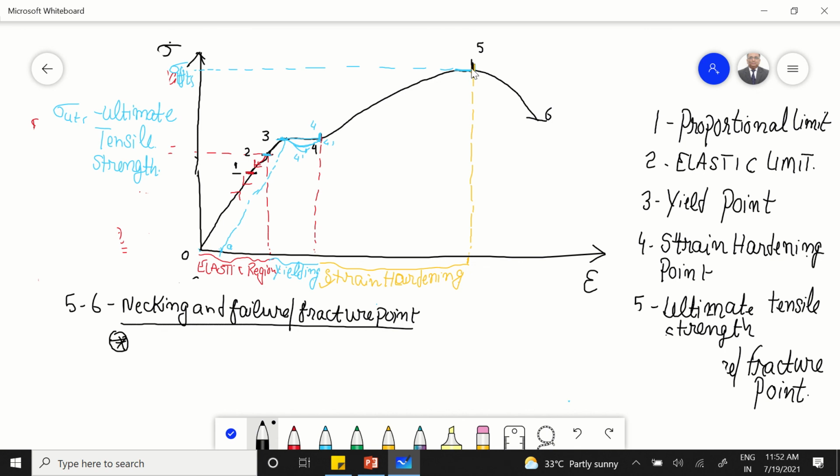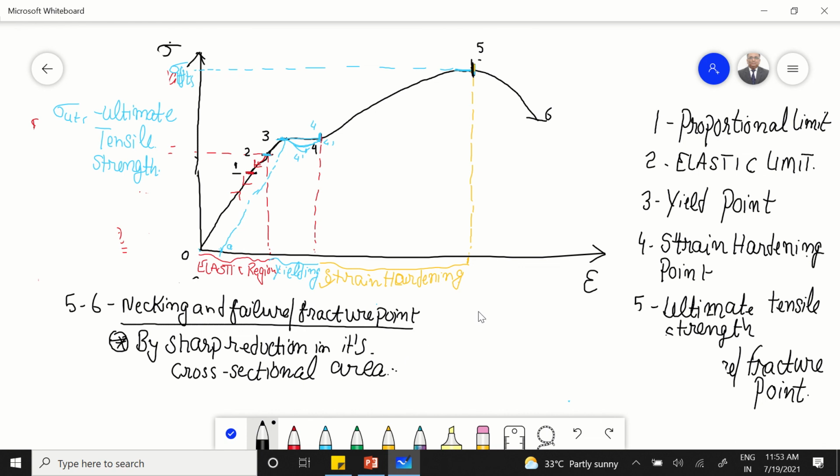As soon as your load level crosses this value and you further increase the load, the specimen will elongate, but it will be accompanied by a sharp reduction in its cross-sectional area, which means that this failure actually takes place in the gauge length of the specimen.